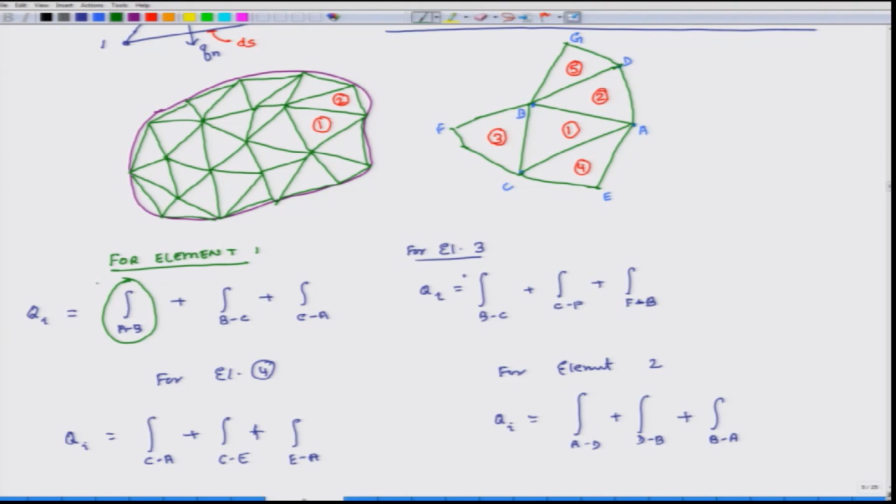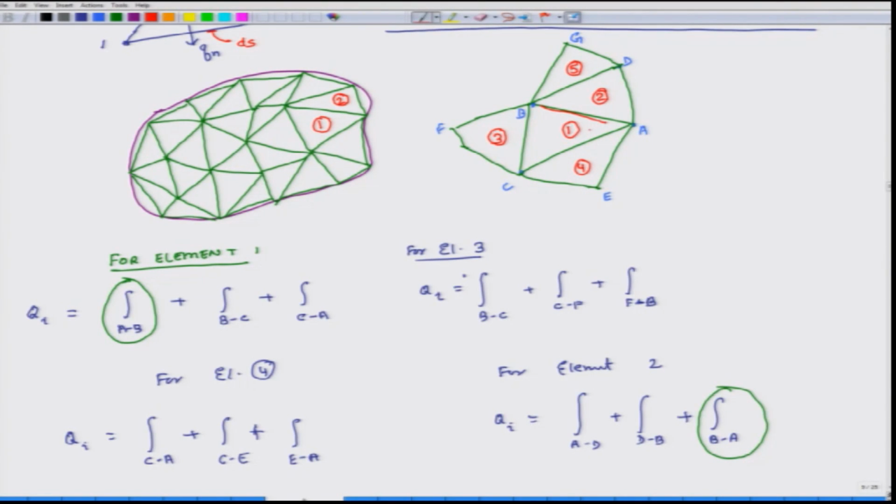This term A to B also appears for element 2, but there the sign will be reversed. What does that mean? A to B is this line.